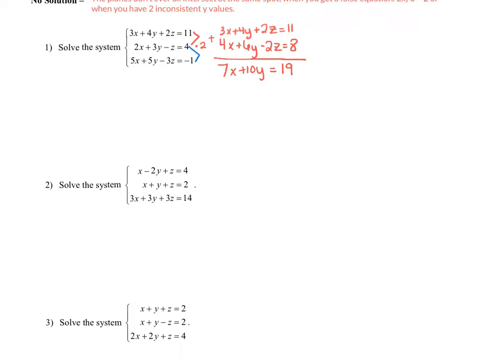So instead of multiplying the second equation by 2 this time, I'm going to multiply it by a negative 3. That means when I multiply that equation by negative 3, I'm going to get negative 6x minus 9y plus 3z. And that's going to equal negative 12. And then my last equation is going to stay the same.